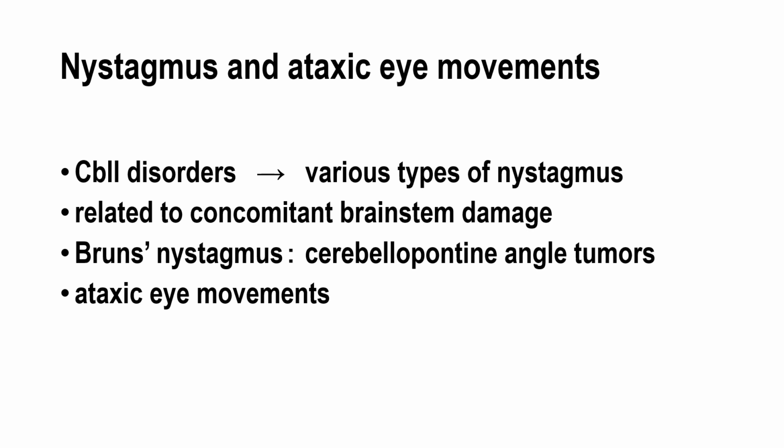Bruns nystagmus, a characteristic type of nystagmus seen in cerebellopontine angle tumors, including vestibular schwannomas, is thought to be caused by brainstem damage. Nystagmus seen in cerebellar diseases is also associated with ataxic eye movement.